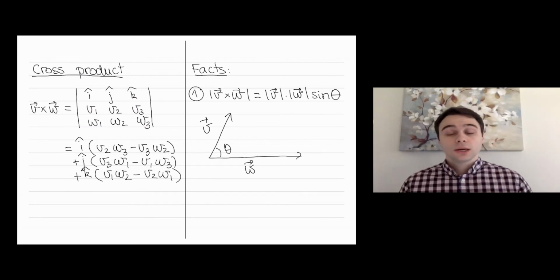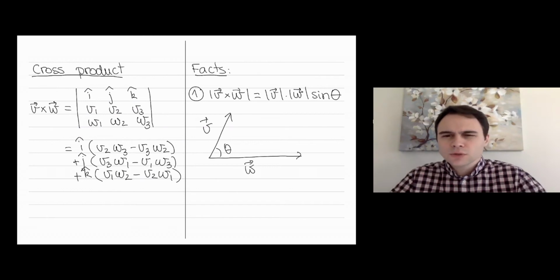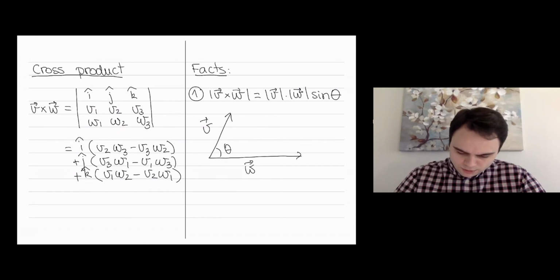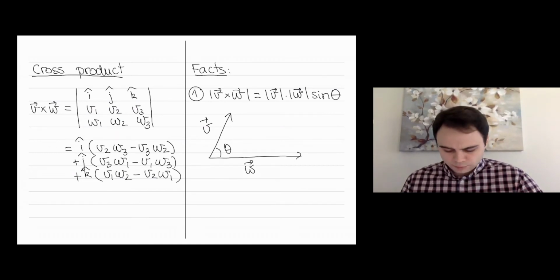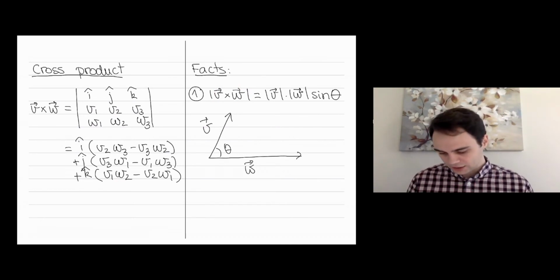This formula is similar to the formula for the dot product, but instead of a cosine, you have a sine. It's perhaps even more surprising than the previous formula, because the cross product has a crazy looking formula, and the thing on the right is more understandable.